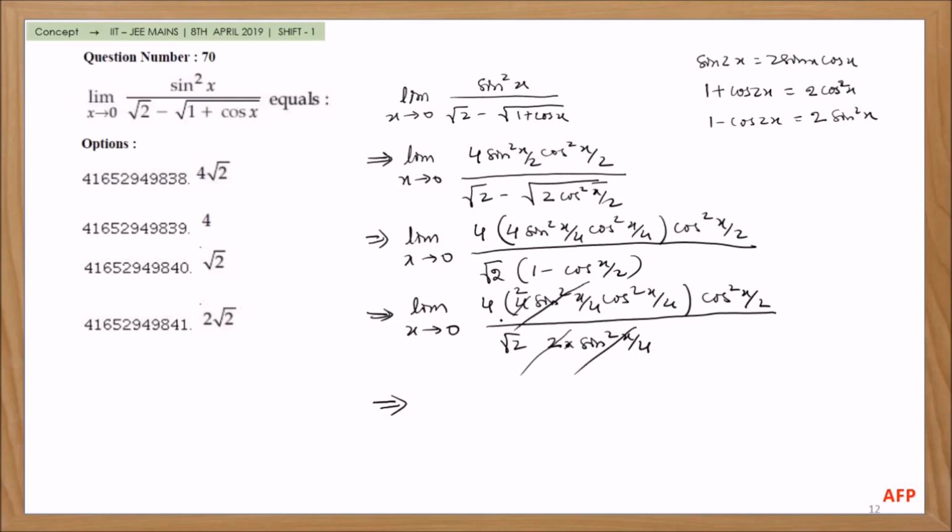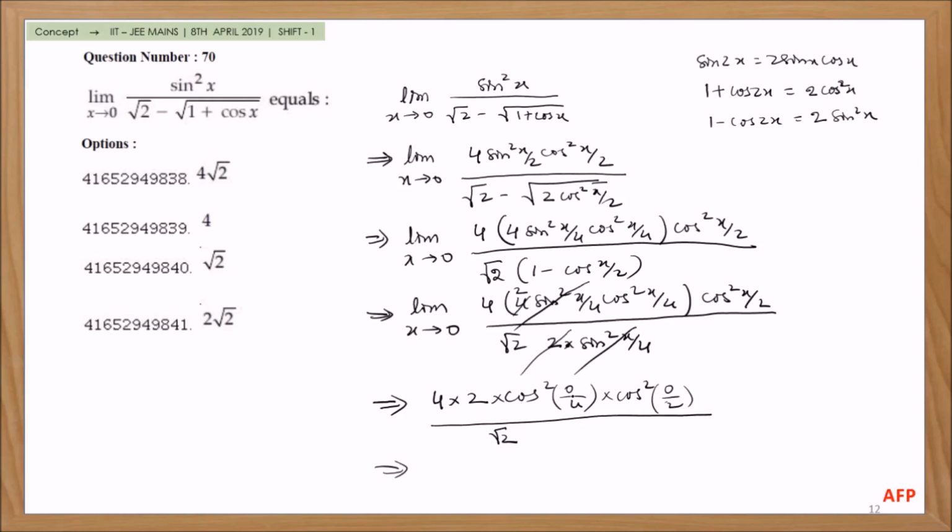Now we will apply the limit, 4 as it is into 2. Now here cos square x by 4 into cos square x by 2, whole divided by root 2 as it is.